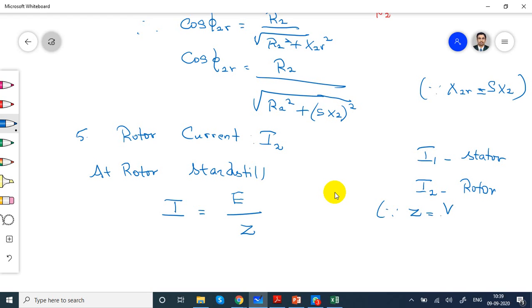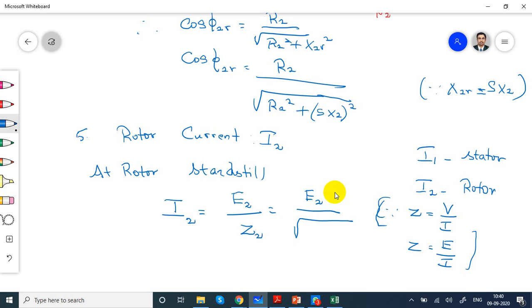Z equal to V by I, or Z equal to E by I. By using this equation we write I equal to E by Z, where E stands for EMF. So at standstill, I2 equal to E2 by Z2. What is the Z2 equation?